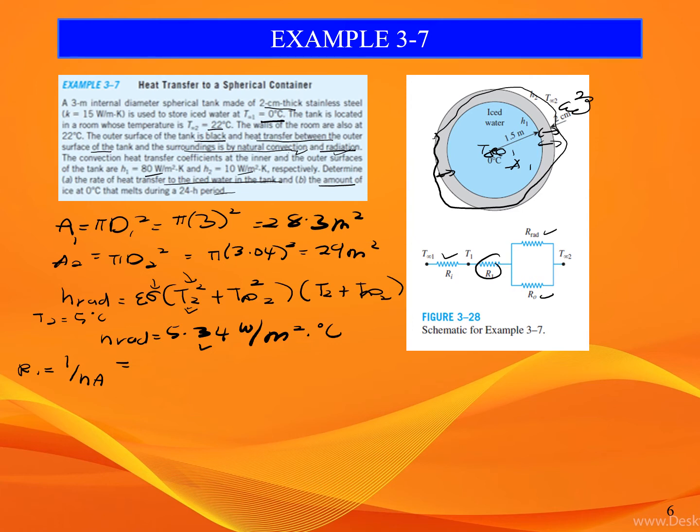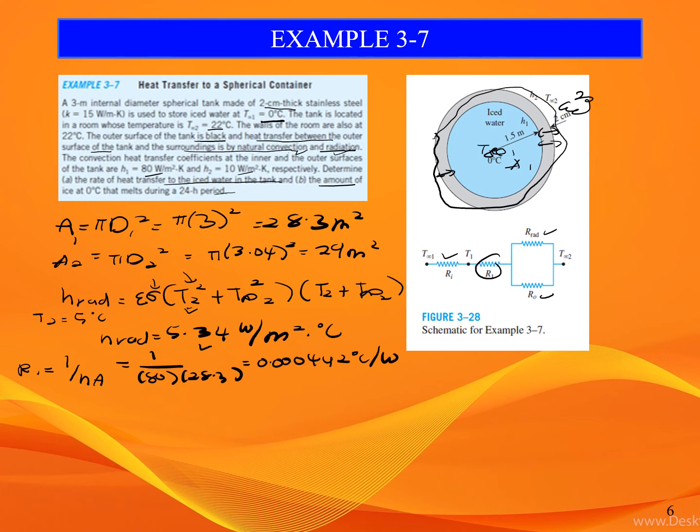Just input the value of H1 and you will get 0.0000442 degree C over watt.